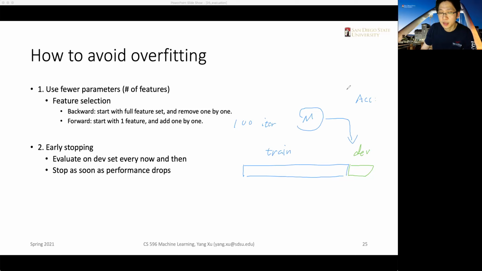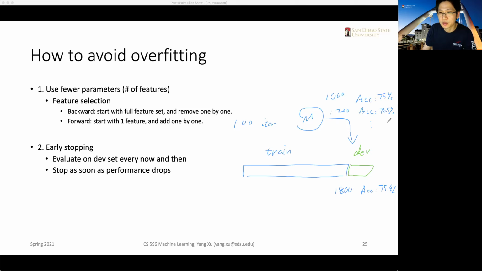Maybe at 100 iterations, the accuracy is 75%, and 200 iterations later, the accuracy on the dev set says 75.5. We'll keep this running until some point, for example, when we hit 1,800 iterations. Let's check the accuracy on the dev set again. It could reach 75.4.